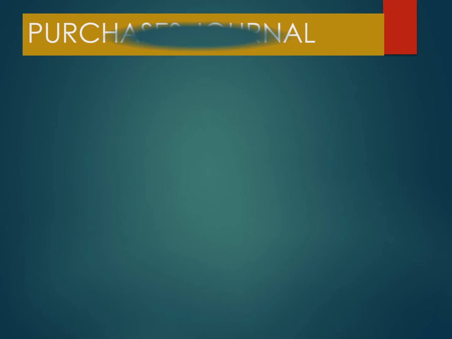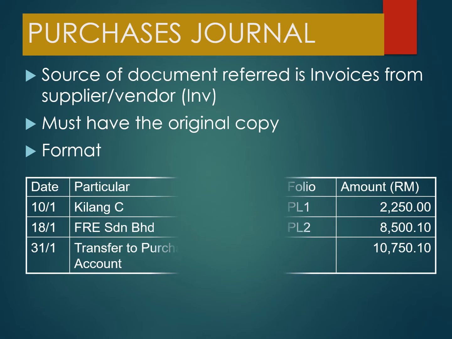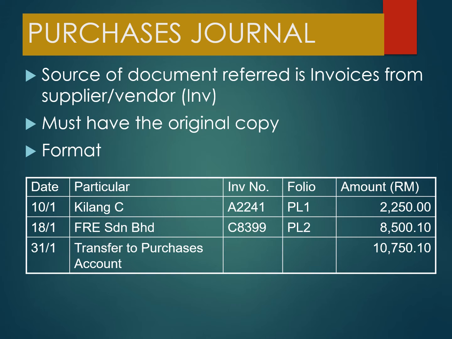For the purchases journal, it means that we receive an invoice from a supplier or vendor, and we should have the original copy. The format is more or less the same as the sales journal: the date, particular, invoice number, and the amount. Let's say here we have Kilangsi as our supplier, and the date is 10th of January, and the invoice number we record as per the invoice that we receive.